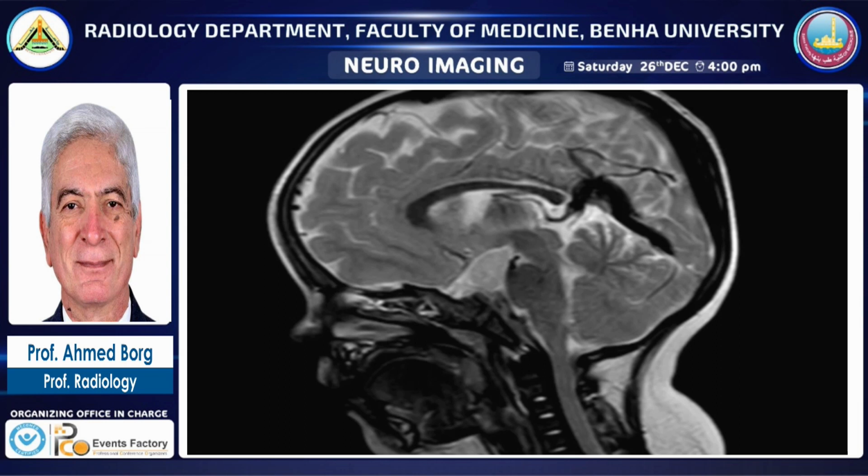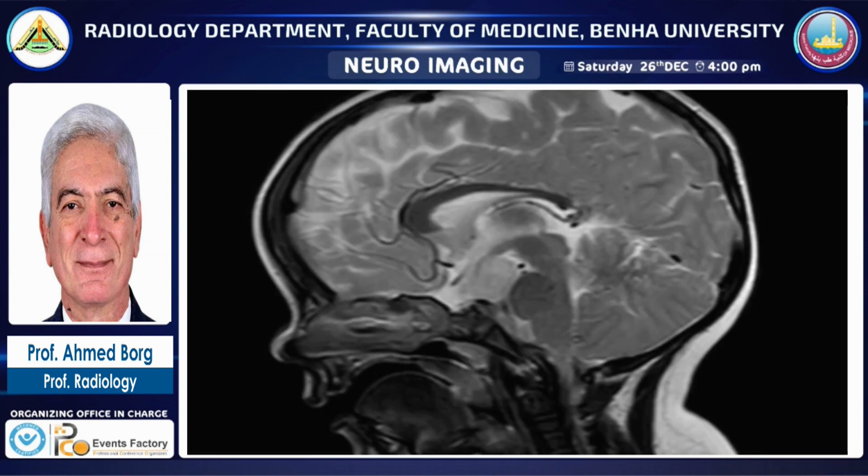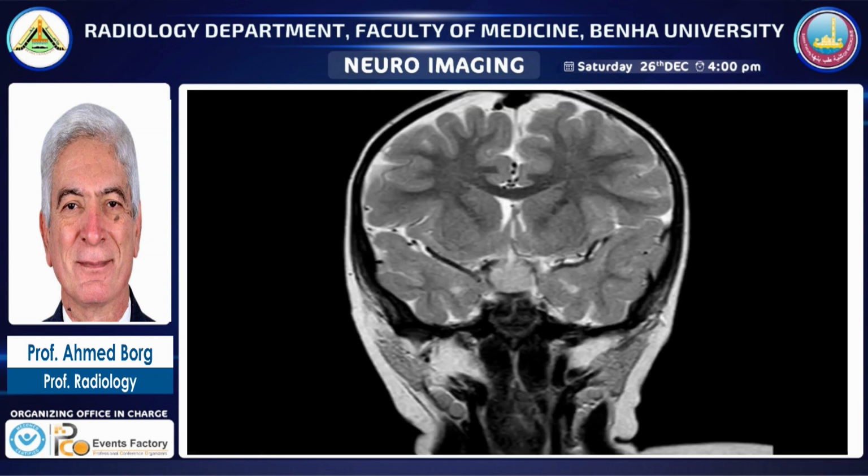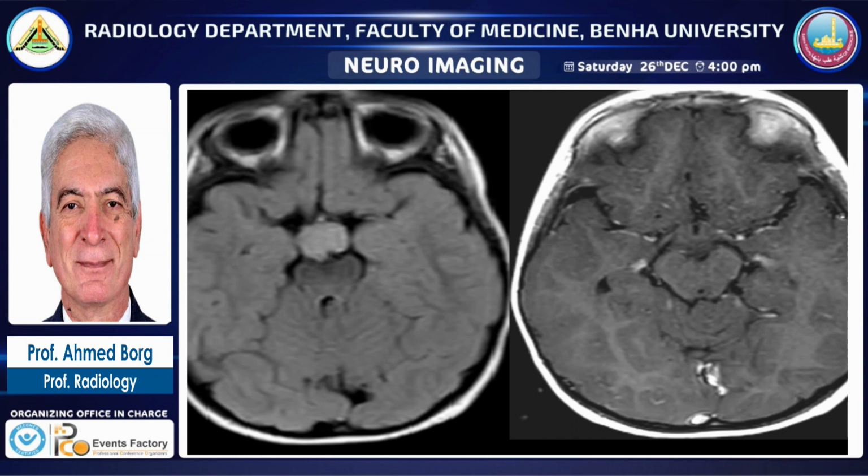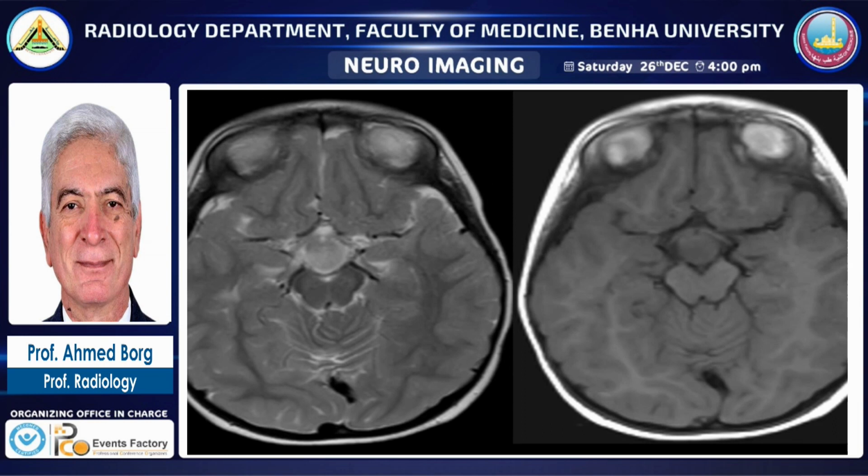And this is sagittal T2. The lesion is a hyperintense mass in the hypothalamic region. On FLAIR image, and on T1 with contrast, there is no enhancement.